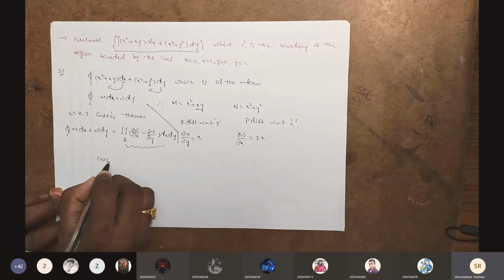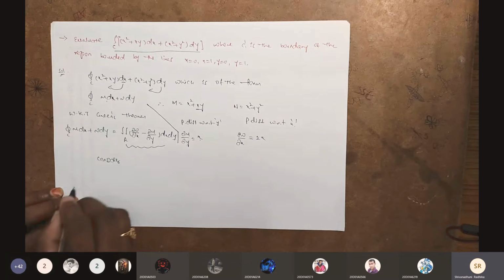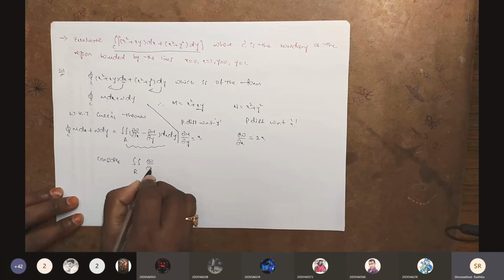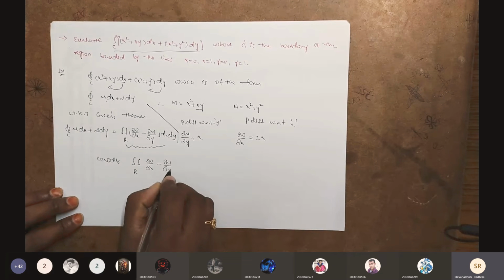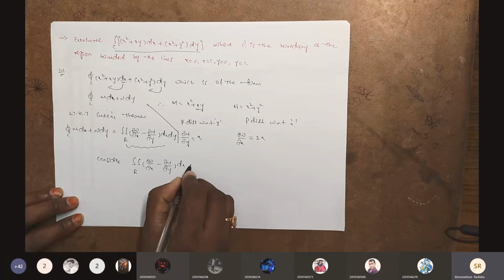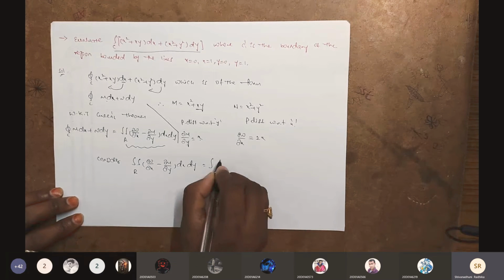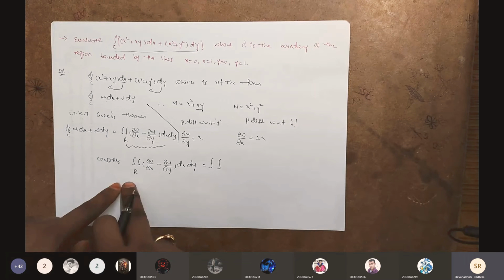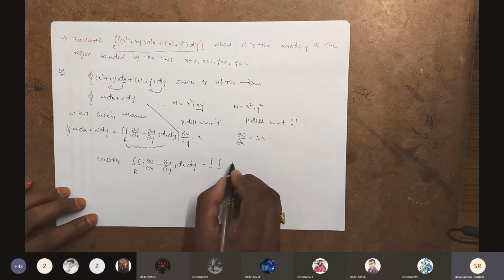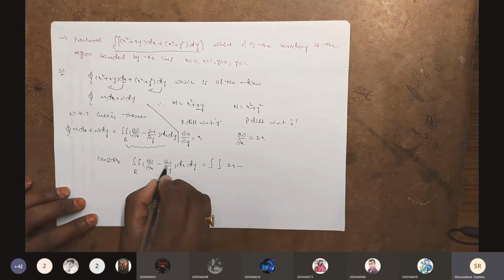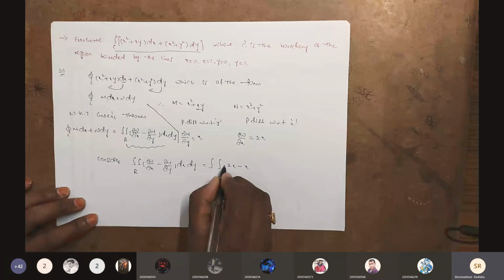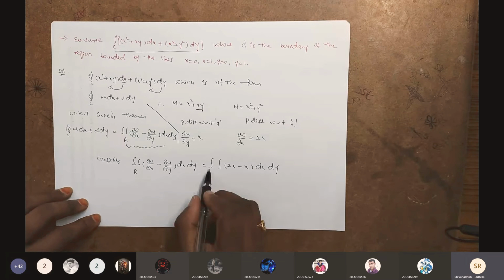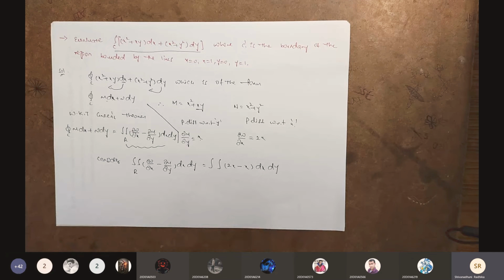Now consider the RHS term. What is the RHS? The double integration of (dou N by dou x minus dou M by dou y) dx dy. First of all, we are going to substitute these partial derivatives, and after that we are going to clear the limits. Dou N by dou x is 2x minus dou M by dou y, x, into dx dy. See, these two integrations have limits.